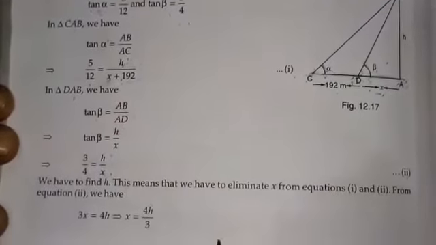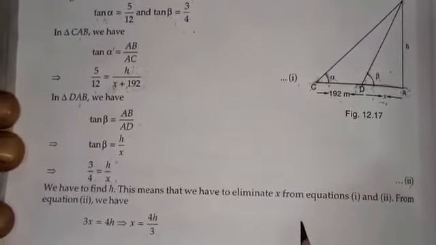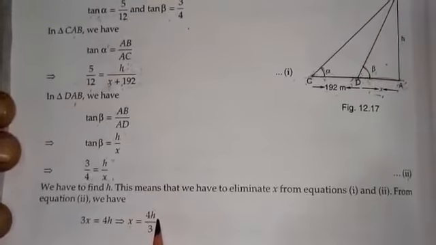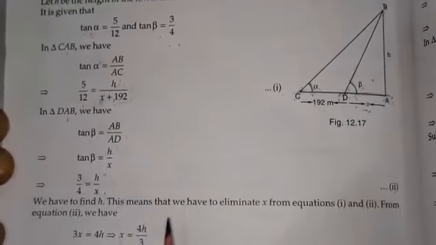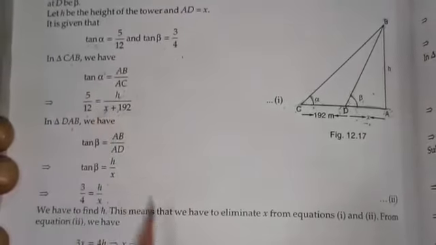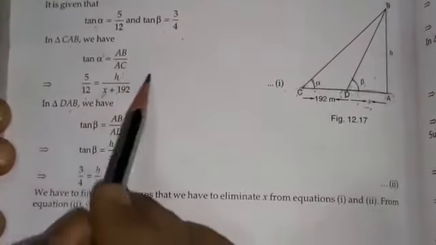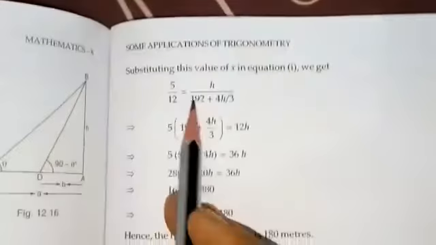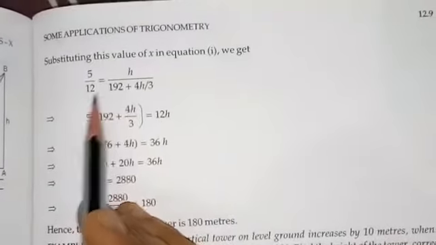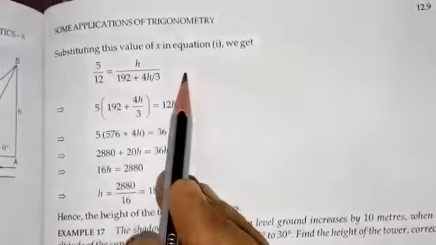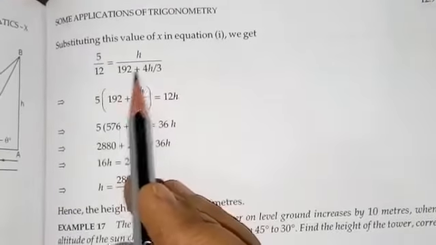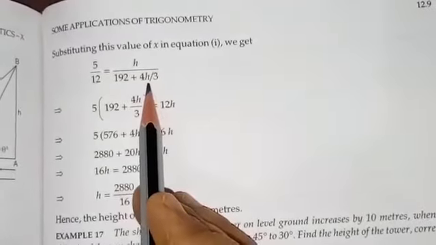So here we are solving for h by using the substitution method. We take up the second equation, write x in terms of h, and use this expression in the first equation. In place of x, we use 4h by 3. That way, this equation has only one unknown h. So you can see it here: 5 by 12 is equal to h by, we had x plus 192, so 192 plus x, but x is 4h by 3.